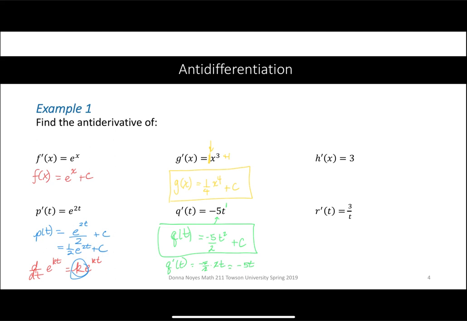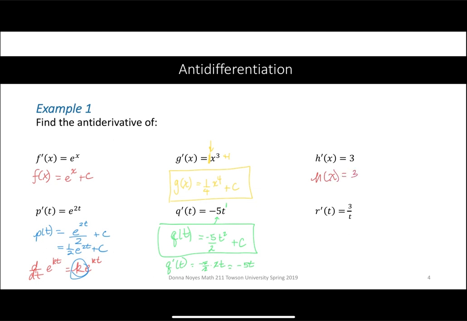Let's try something that looks fairly simple, but may not be immediately obvious. I have h prime of x. Well, h prime of x here is equal to just 3. Can you think of any function whose derivative would just be 3? Well, hopefully you said, sure.